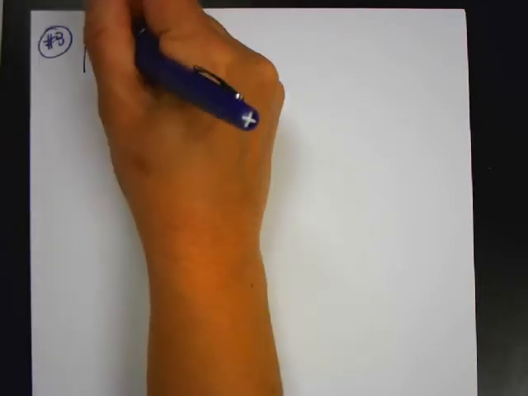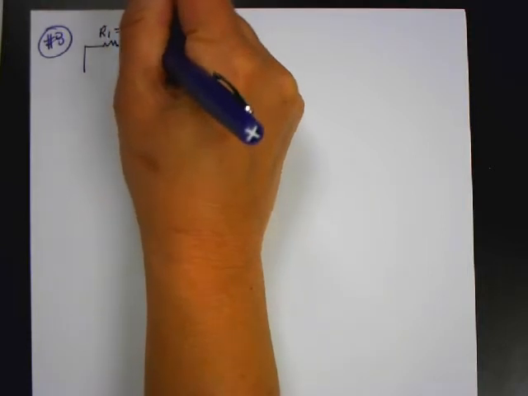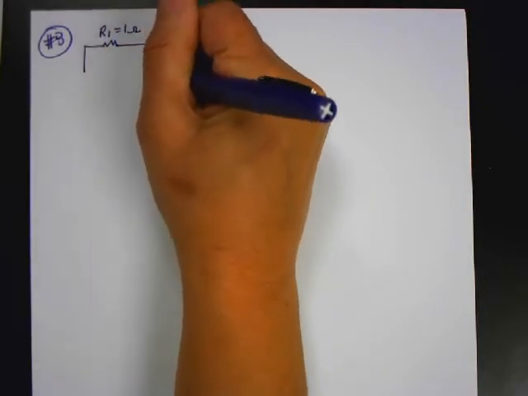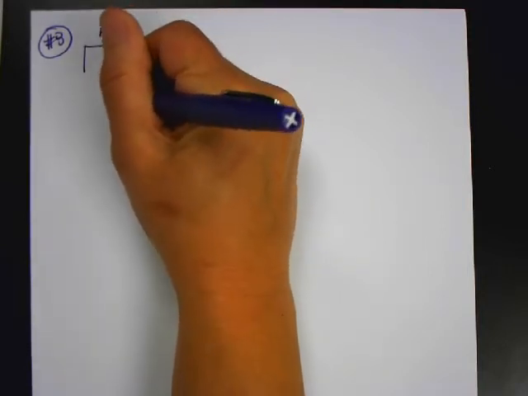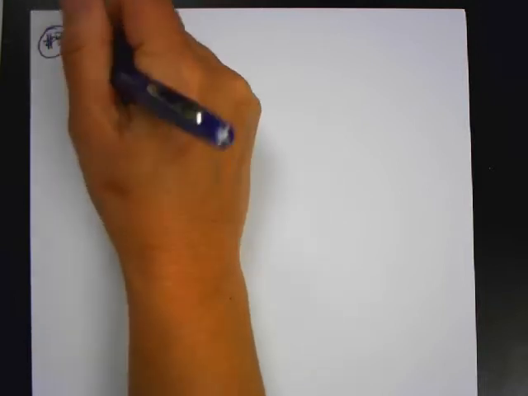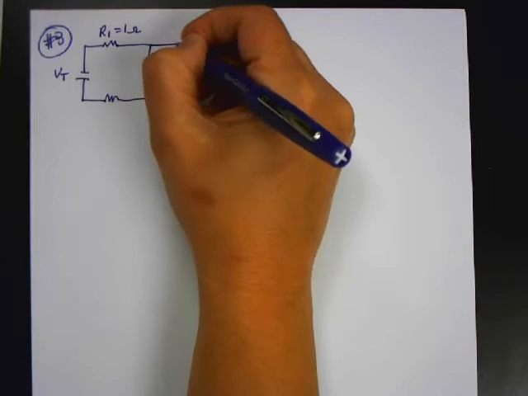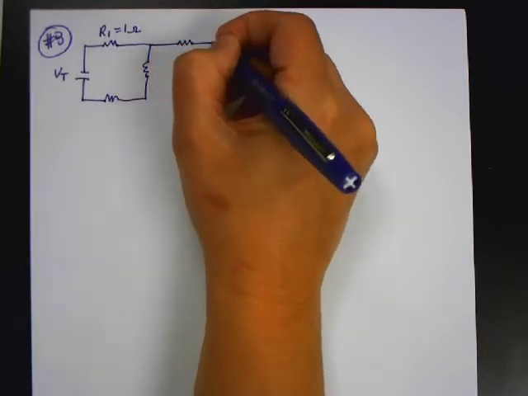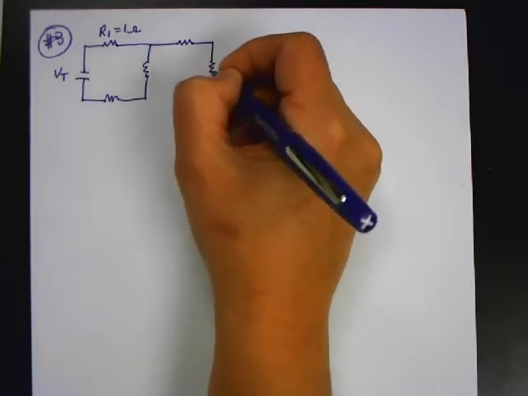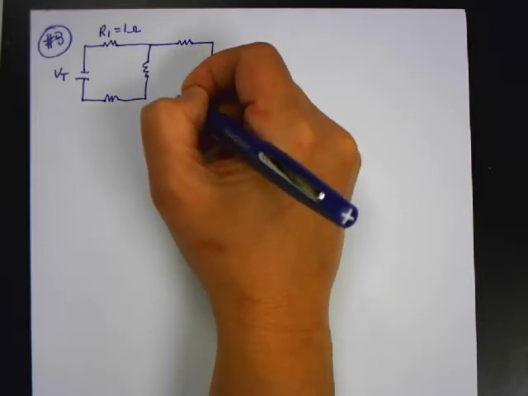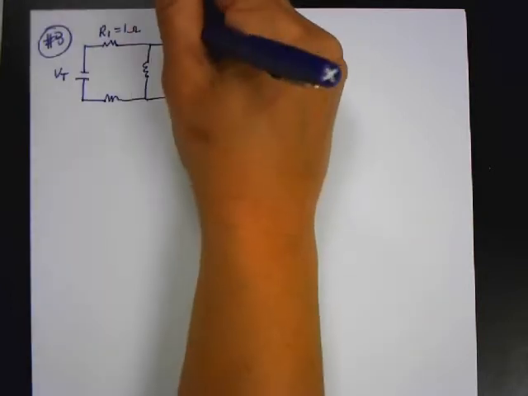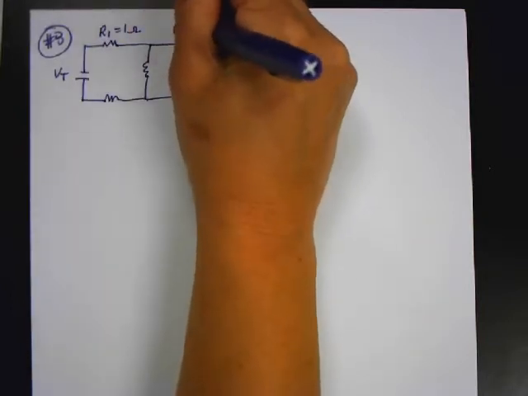If the resistors aren't labeled, you need to label them because, especially with this many resistors, you can lose track. Now this problem, I'm doing the hardest one because it's harder. They don't give you the voltage of the battery, so we kind of have to start backwards on this one.